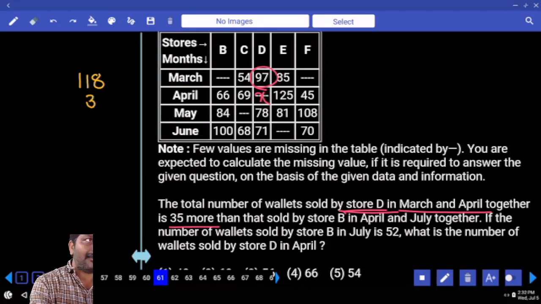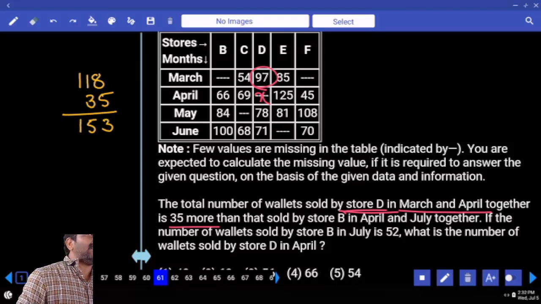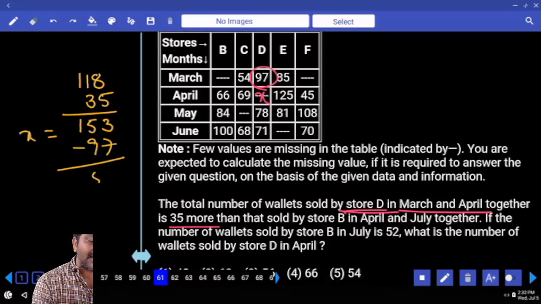In B we have already 118 plus 35, both together it is 153. That must be equal to 97 plus X only. Then X is equal to, from this we need to subtract 97 only. Answer 56. Instead of 97, subtract 100, add 3 later.